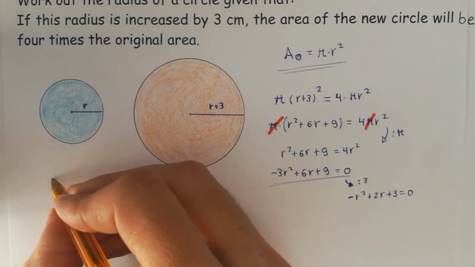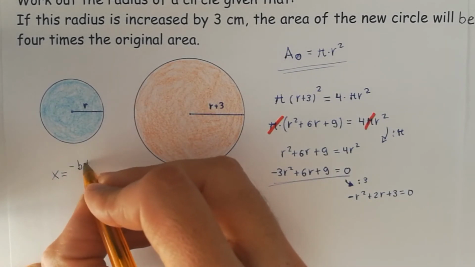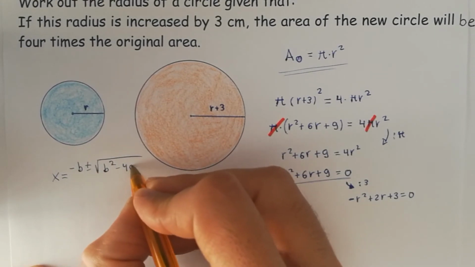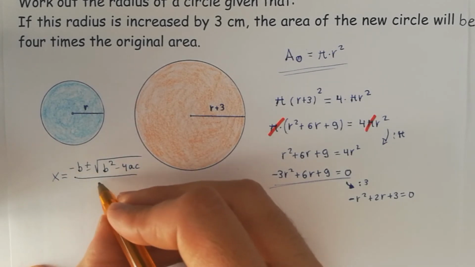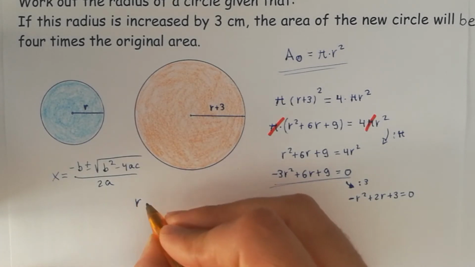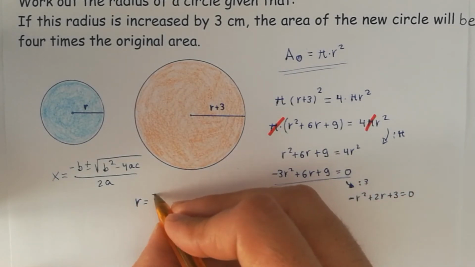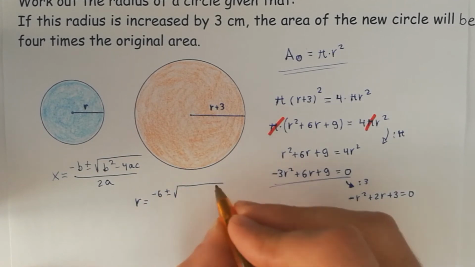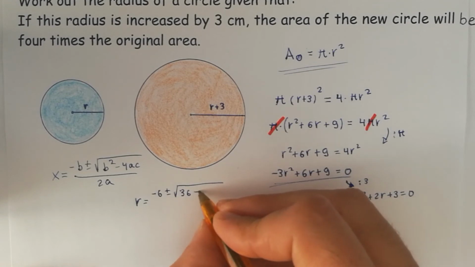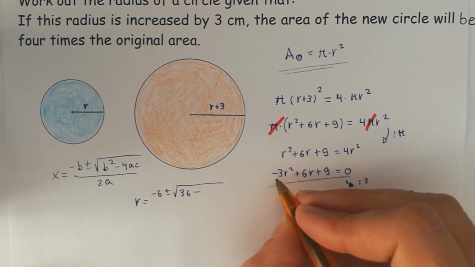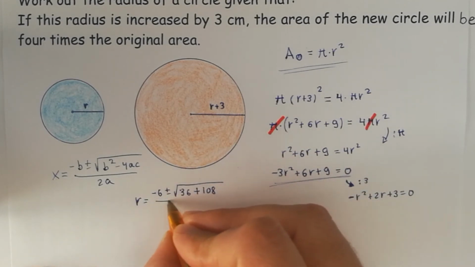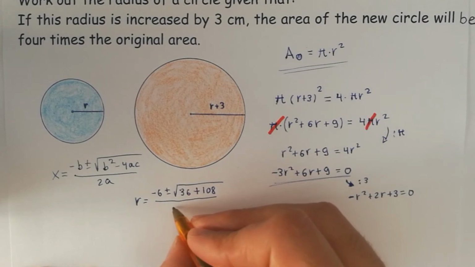We know the formula, that it's minus b plus minus square root b squared minus 4 times ac, divided by 2a. So r is going to be minus 6 plus minus the square root of 6 squared, which is 36, minus 4 times minus 3, which is plus 12, times 9, which is plus 108, over 2 times this, which is minus 6.